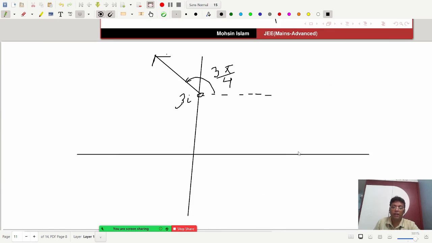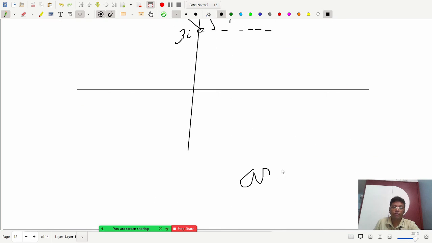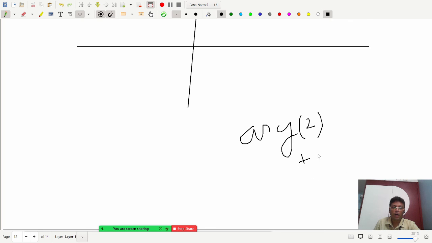So ultimately you have argument of 2 plus argument of z minus (minus half plus i) equal to pi by 4.